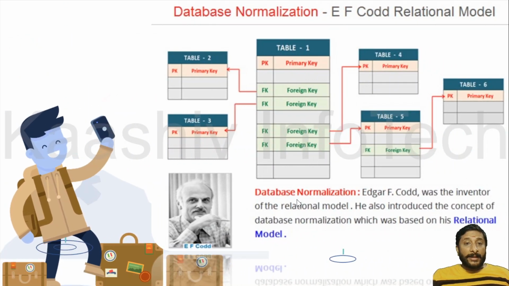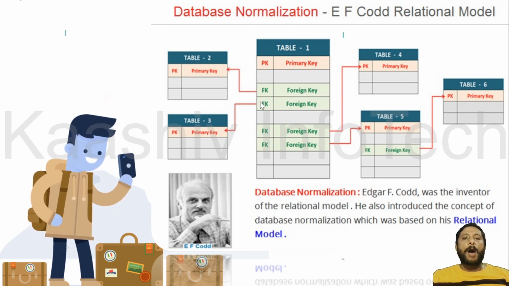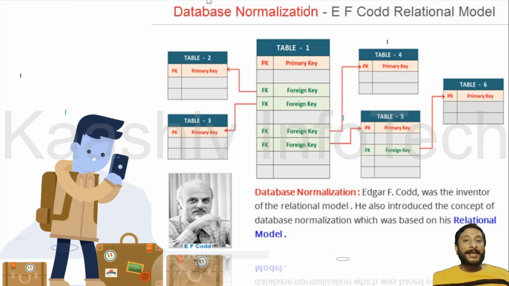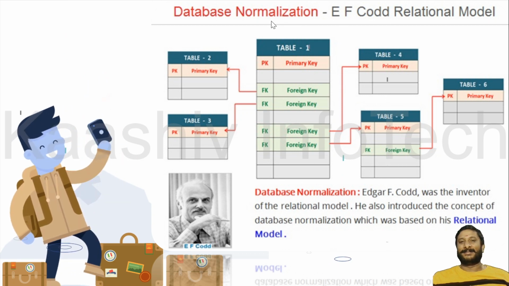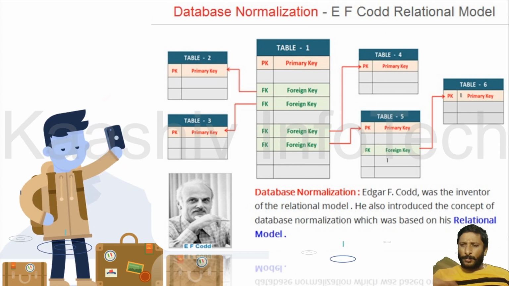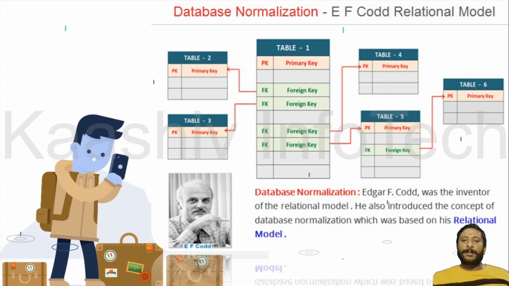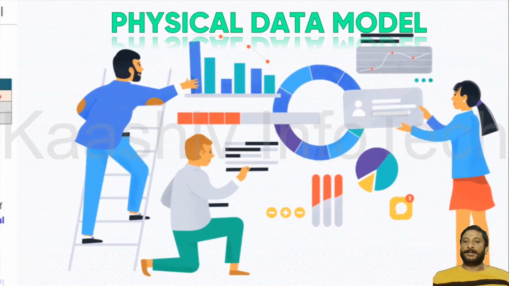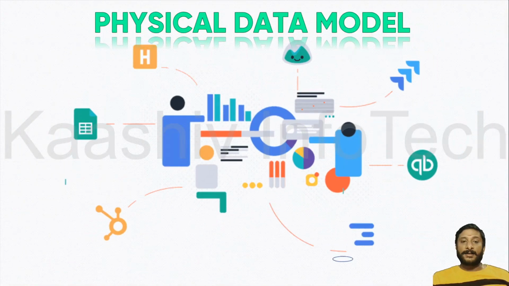And creating the tables in a superb format to avoid duplication is called database normalization. This was found by E.F. Codd. Sir, a lot of duplicates, sir. Remove the duplicates by creating a lot of tables. That concept is called database normalization. And from there we got the physical data model.